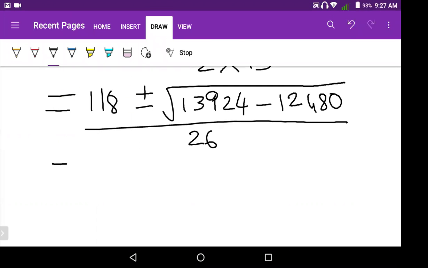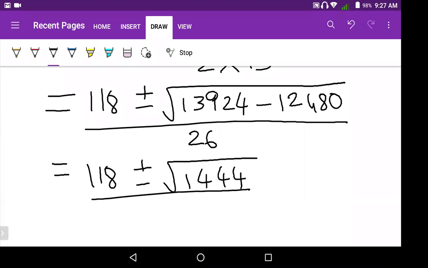x is equal to 118 plus or minus the square root of 13,924 minus 12,480, which is 1444. Okay, so 1444 divided by 26.